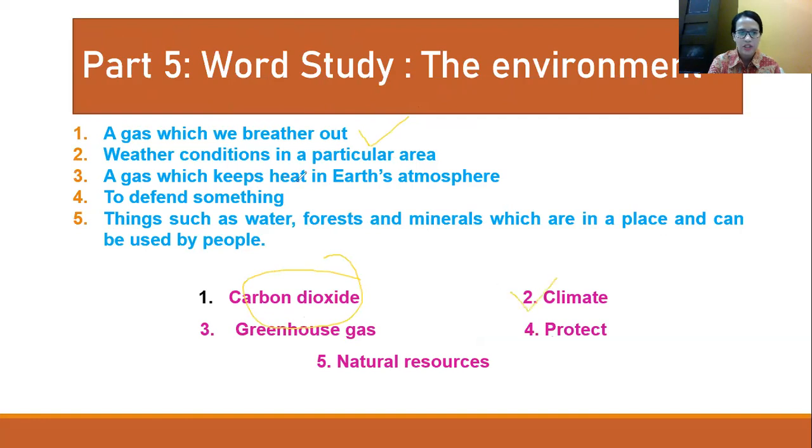A gas which keeps heat in Earth's atmosphere, it's greenhouse gas. Defend something, of course, it is protect. And things such as water, forests, and minerals which are in a place and can be used by people, is natural resources. So they are in the information that we have read before.